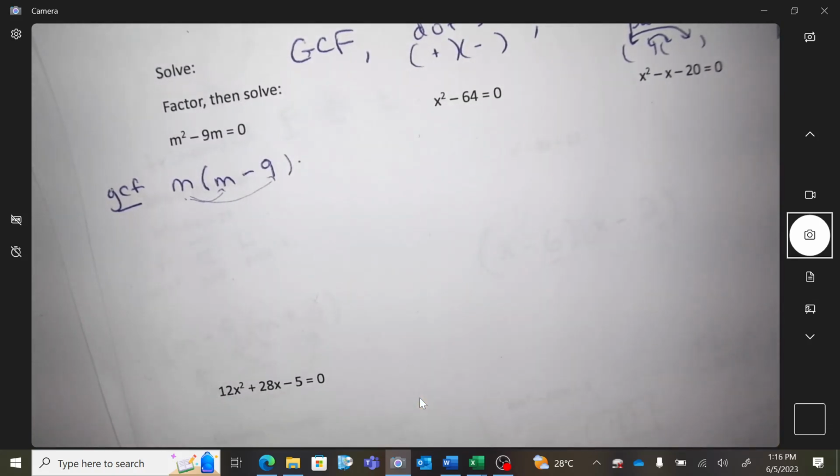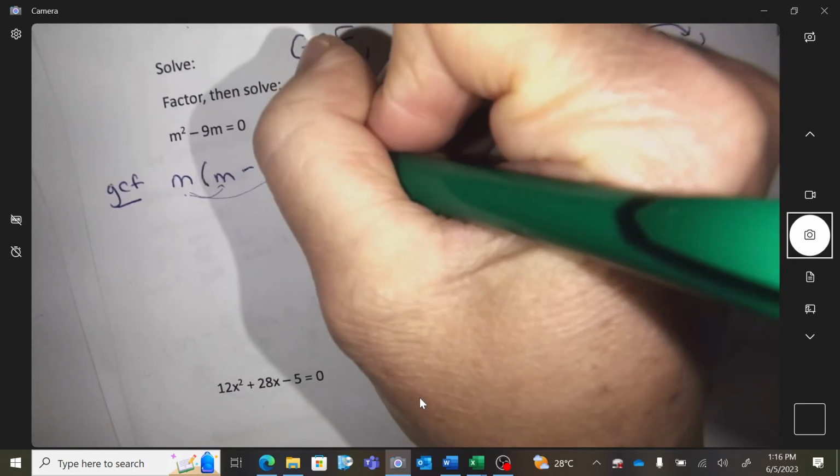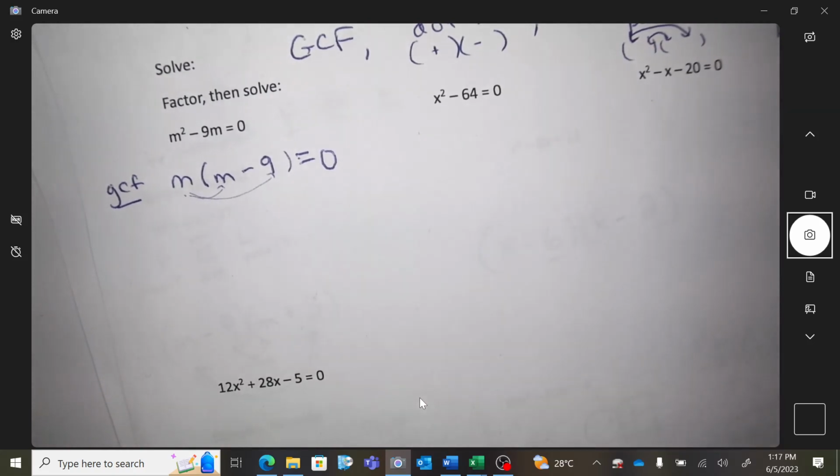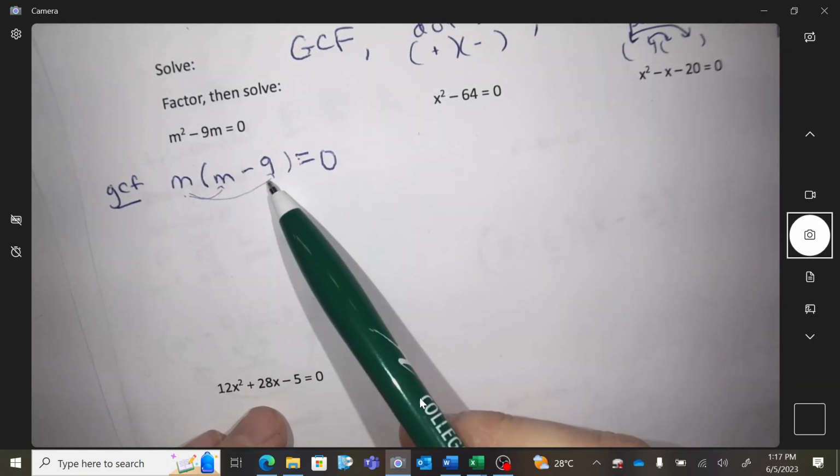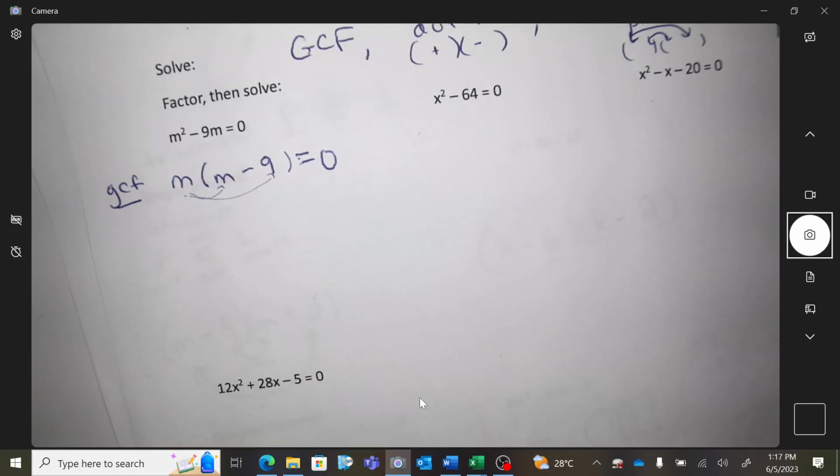Okay, so unlike last time, there's an equals 0. This is the only thing I've changed from last time we reviewed. So now there's an equals 0. Do you understand right now that I have 2 things multiplying to make 0? This is something and this is something. There's 2 things that are multiplying to make 0.